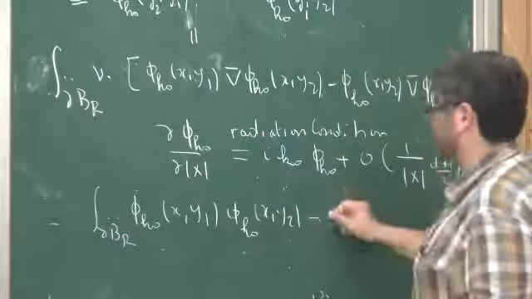This is 0, plus some remainder, but the remainder decays fast when R goes to infinity. So you take the limit as R goes to infinity, and this gives you that this quantity is equal to 0. So phi k0(y2, y1) is equal to phi k0(y1, y2).